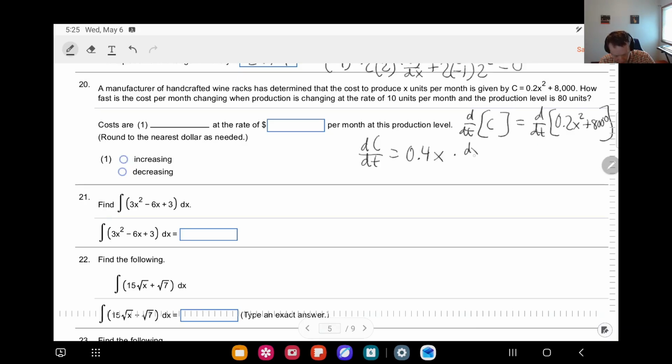So I need to multiply by the derivative of x with respect to time. So this sets up the relationship between the rates, the related rates. And we can see based on the question, so how fast is the cost per month changing? We're asking for this part, dC/dt.